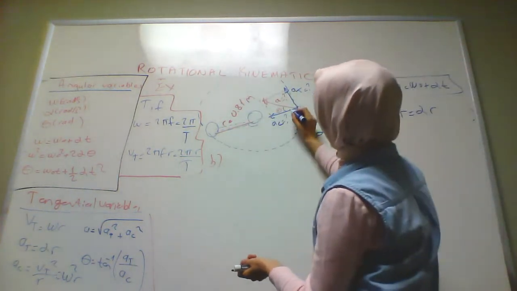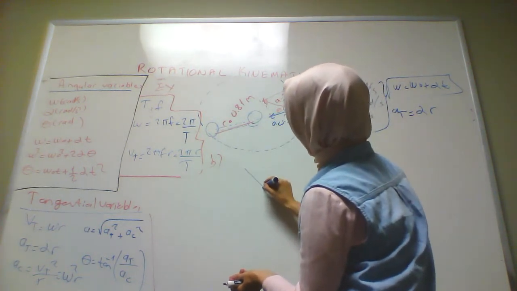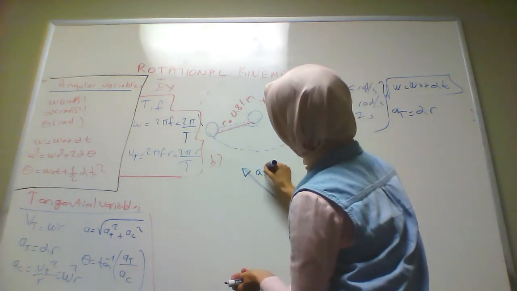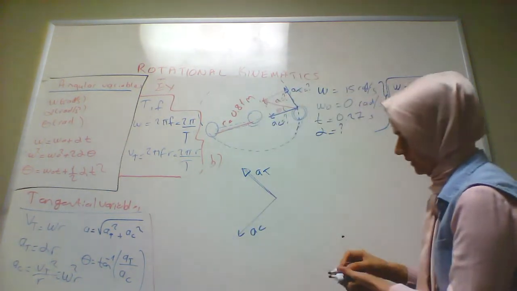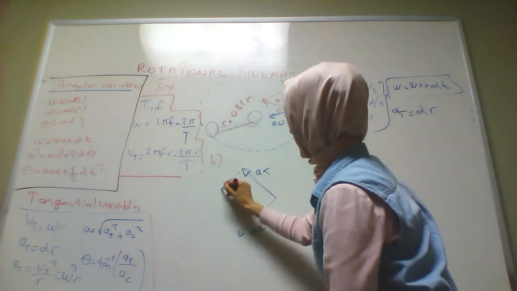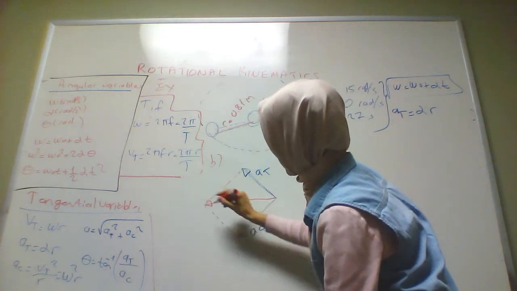I want you to see it in here and understand it perfectly, that we have, let me draw it again, AT in here, we have AC, and our A is the vector addition, which will be this.